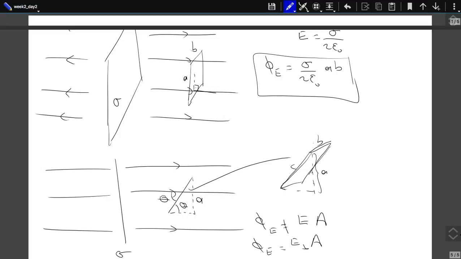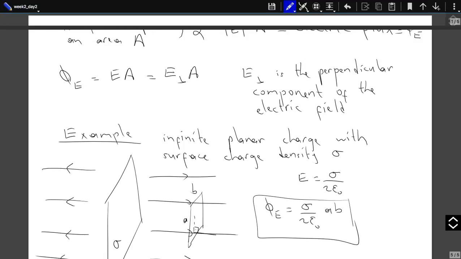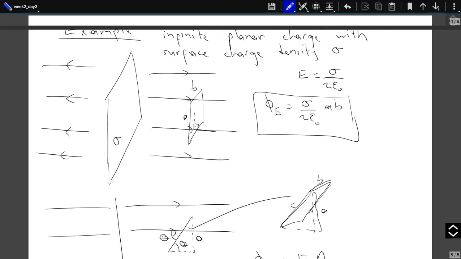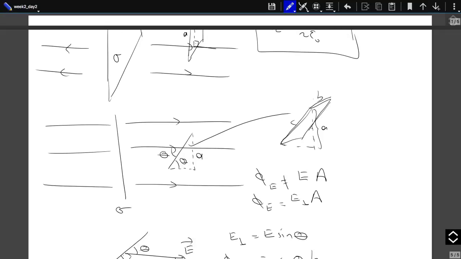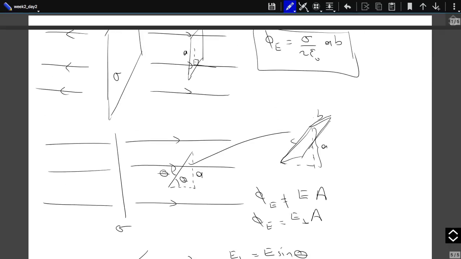Since they see the same area, this larger area and this area intersect the same field lines. That's why the flux should have been equal, and it just turned out to be equal. This one and this one, this is E times AB.